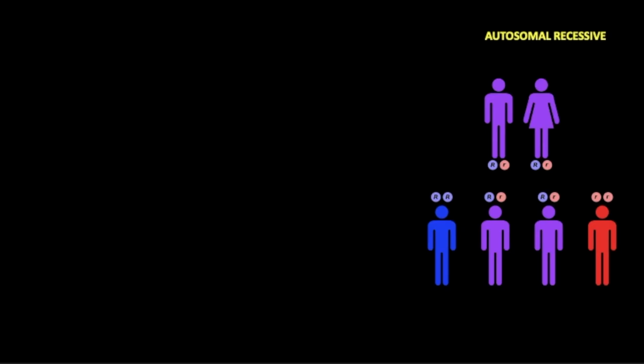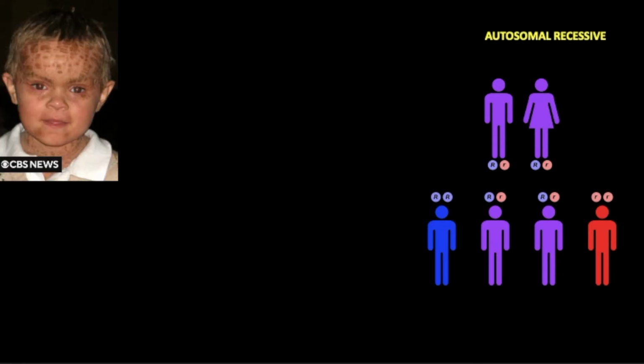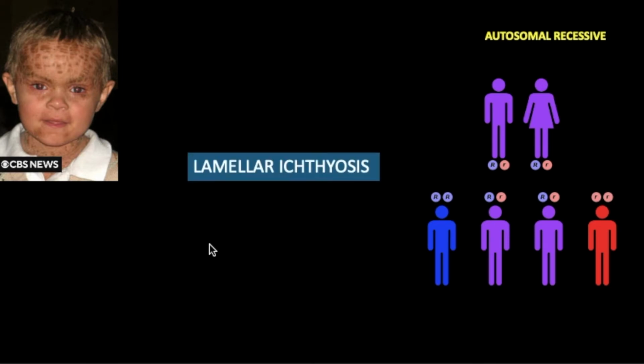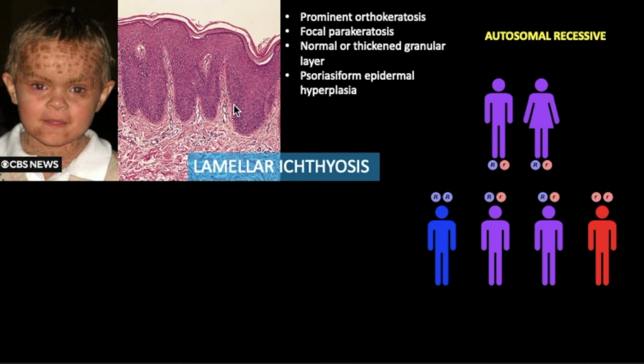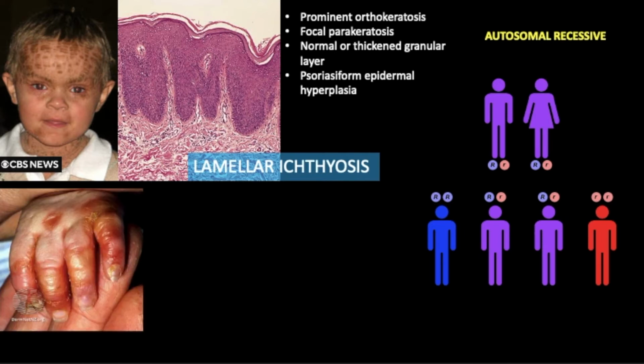We have two autosomal recessive conditions in this category. The first one clinically appears as scaly, hyperpigmented lesions on the face in a child. This is lamellar ichthyosis. Usually we see on histology prominent orthokeratosis, focal parakeratosis, the granular cell layer may be thickened or normal, and psoriasiform hyperplasia.